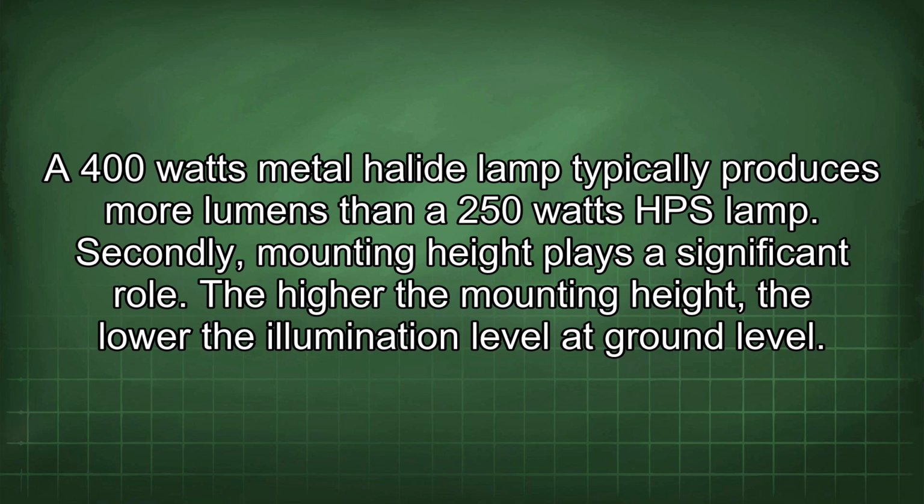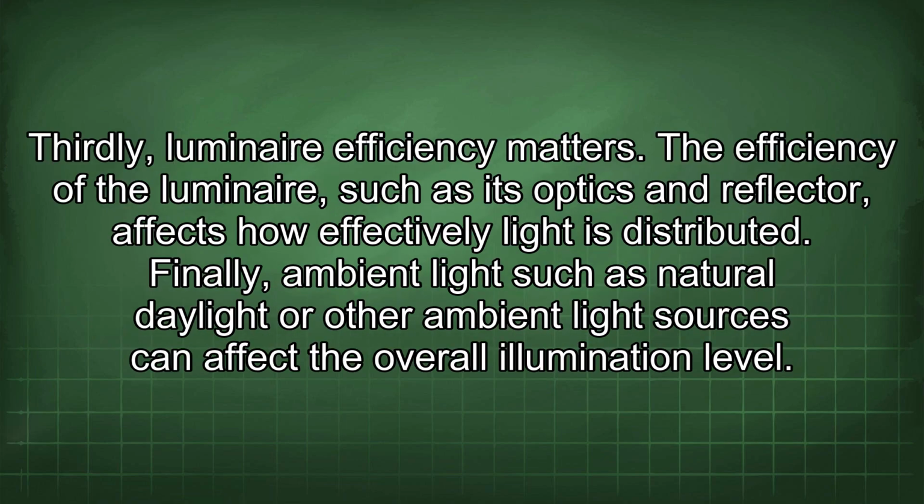Secondly, mounting height plays a significant role. The higher the mounting height, the lower the illumination level at ground level. Thirdly, luminaire efficiency matters. The efficiency of the luminaire, such as its optics and reflector, affects how effectively light is distributed. Finally, ambient light such as natural daylight or other ambient light sources can affect the overall illumination level.